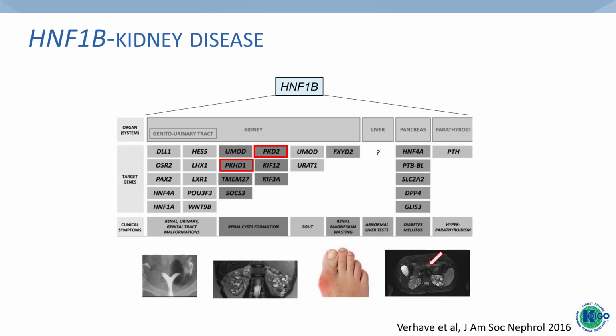This multisystemic phenotype is explained by the role of HNF1 beta, which encodes a transcription factor that regulates the expression of several genes, including PKD2 and PKHD1 involved in ARPKD, accounting notably for the cystic phenotype that can be observed in some but not all the patients.